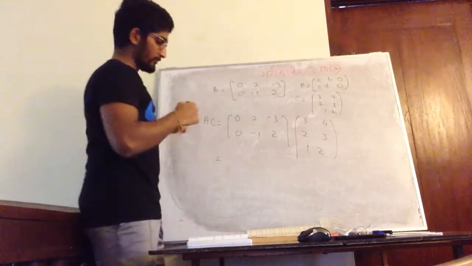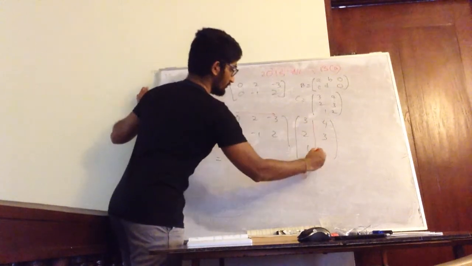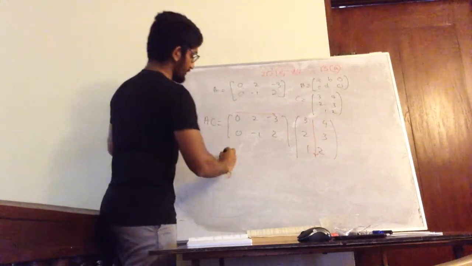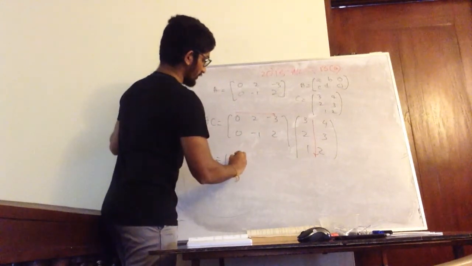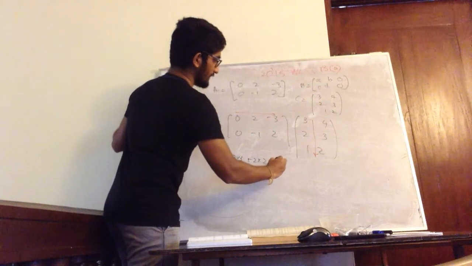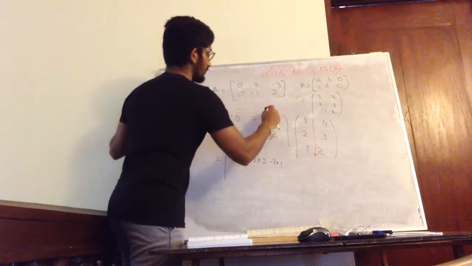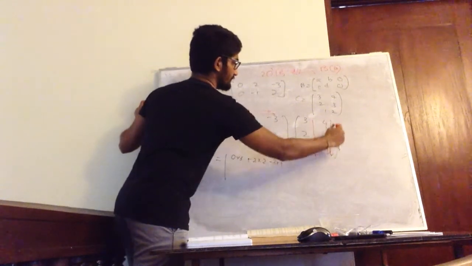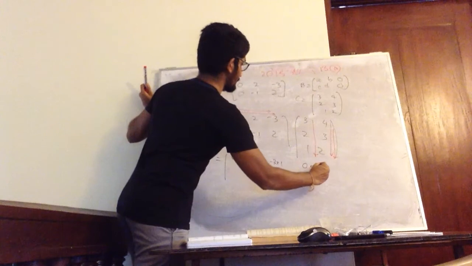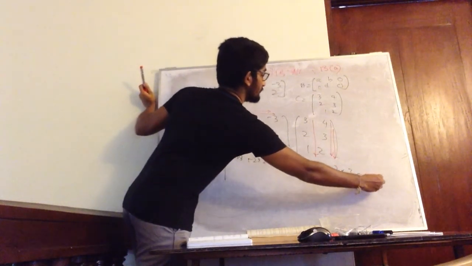Right, so let's find this now. It's normal matrix multiplication. That means 0 into 3 plus 2 into 2 minus 3 into 1. Then 0 times 4 plus 2 times 3 minus 3 into 2.